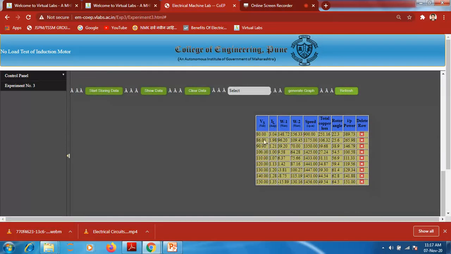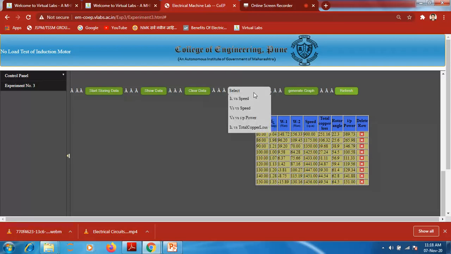We are taking the readings of the no load test. So here we will get the voltage value as well as the current value, both wattmeter readings W1, W2, and speed readings. So from all these readings we have to plot different types of graphs.